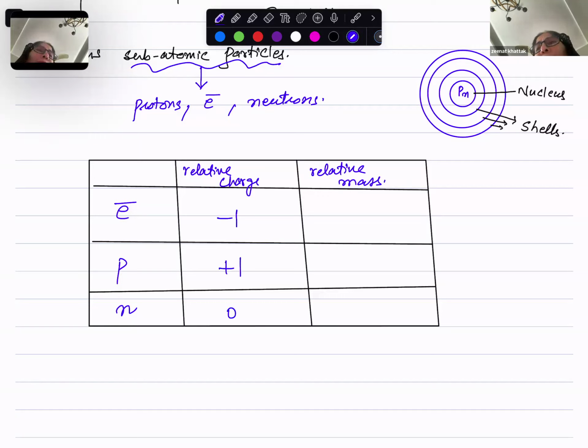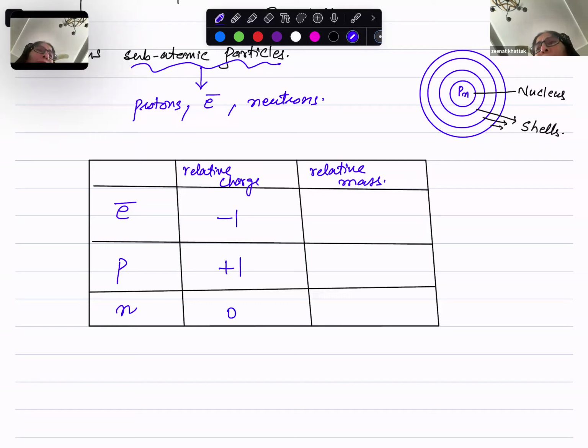Now, you know what is the meaning of the term relative? Relative means compared. One electron is minus 1.6 times 10 to the power minus 19 coulomb, and one proton has the same coulomb but opposite. So one is -1, the other is +1.